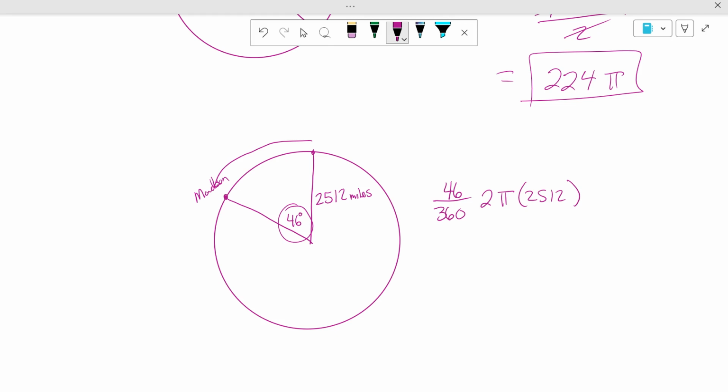If I ask you to the nearest mile, what should you do with your pi? Put it into your calculator. So you take 46 divided by 360 times 2 times pi times 2512. Round it to the nearest mile, please, and see how far Santa Claus traveled. Everybody agree?